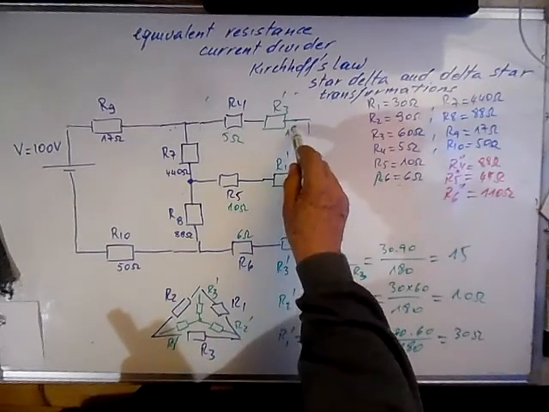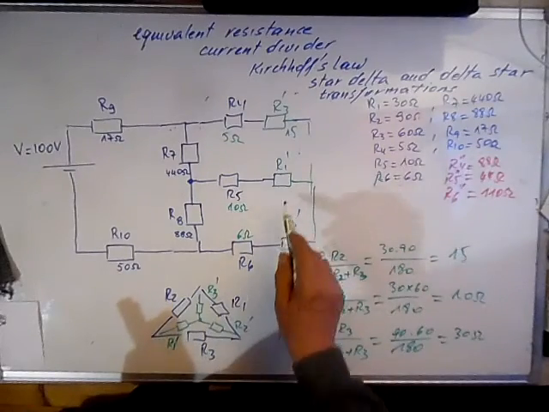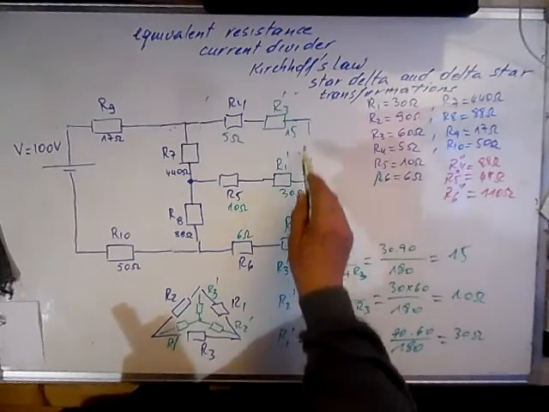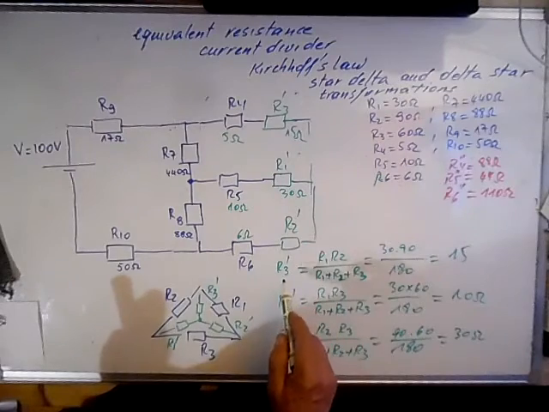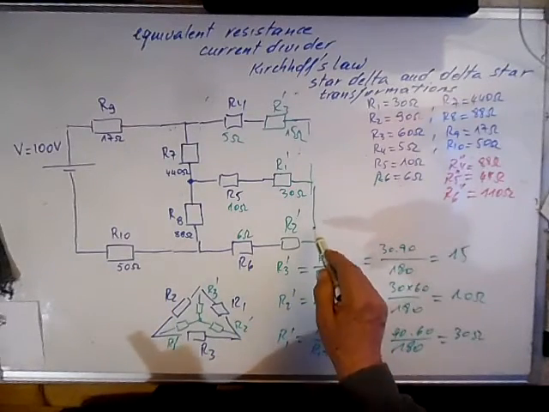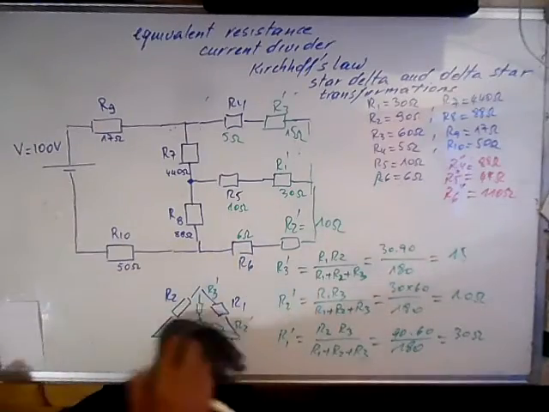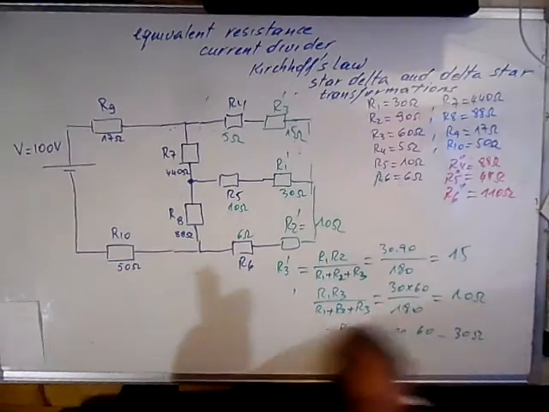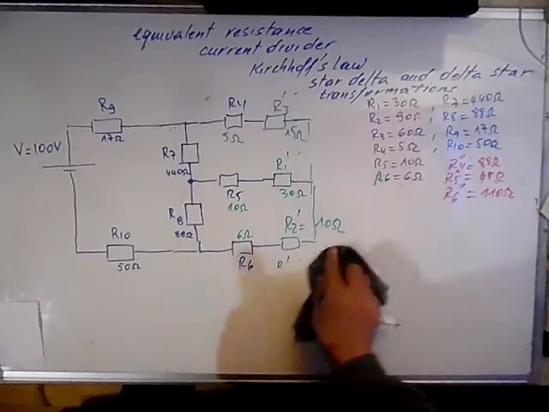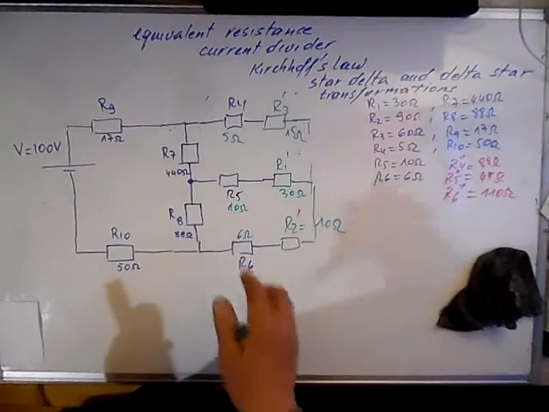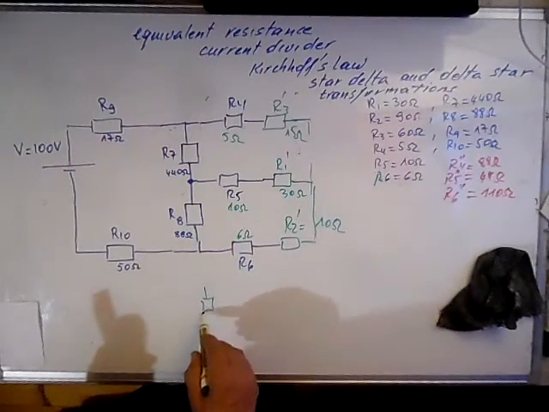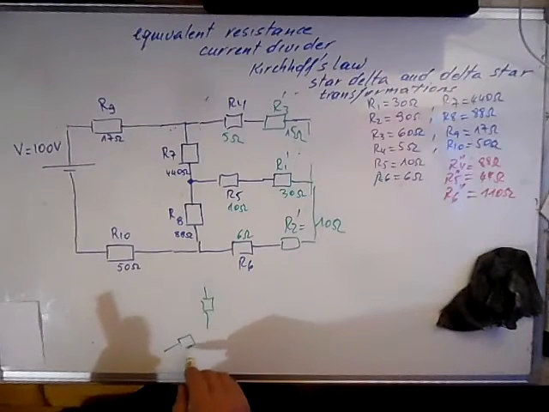R3 prime is 15, R1 prime is 30, and here we have R2 prime, which is 10 ohms. Now we do the following transformation. It's a star-delta transformation.